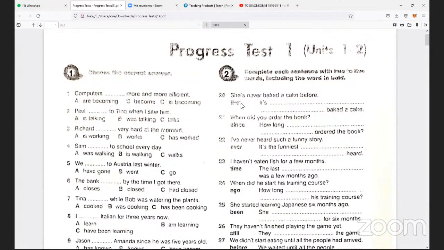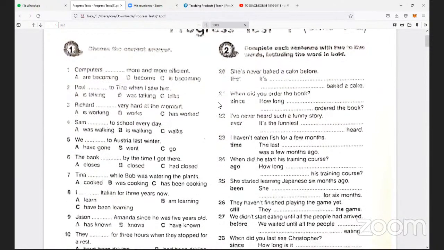And for example, this first one, it's not clear. We're going to skip to the next one. So, for example, we have the word involved that it is since. What are we going to do? We have one question here: when did you order the book? But the instruction says that we have to complete the sentence with the word that we have involved.